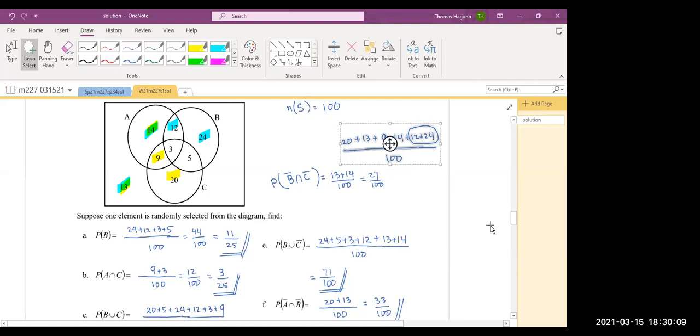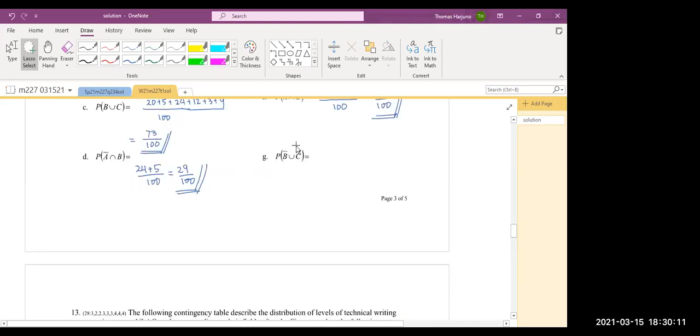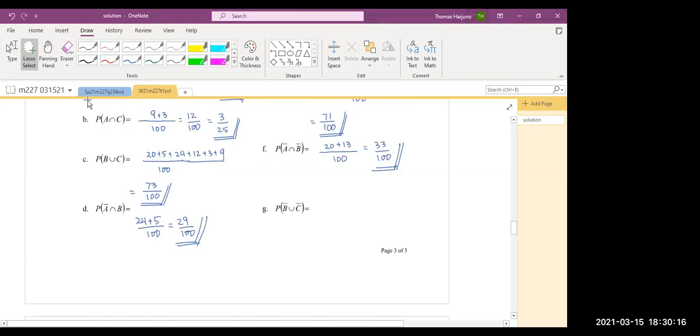Okay, let me paste that here. So, Professor, I have a question. Technically, you can look at the Venn diagram the same way we look at the contingency table, right? Like, if the contingency table makes more sense for the way that it's structured than the Venn diagram, conceptually it means the same thing, right?